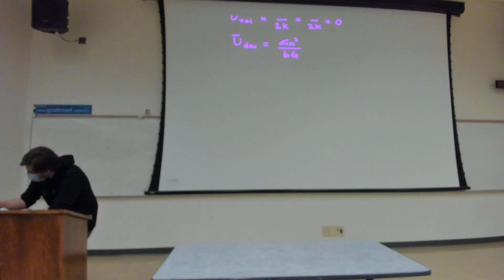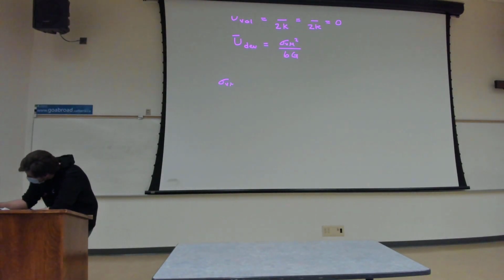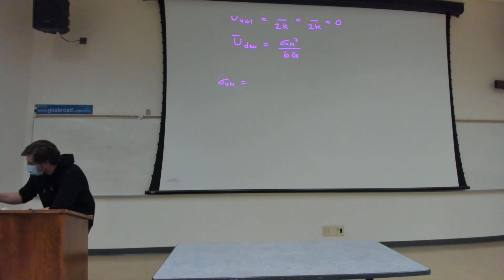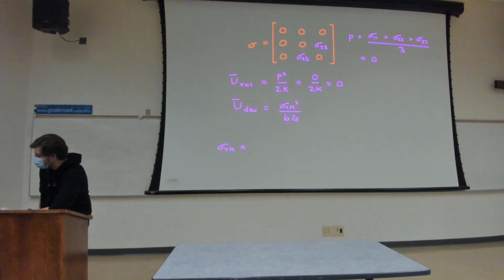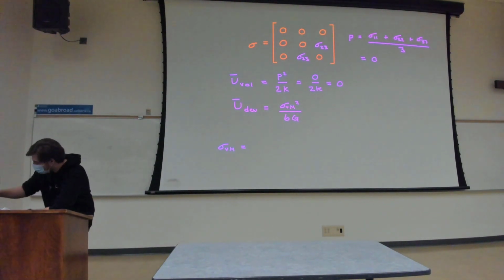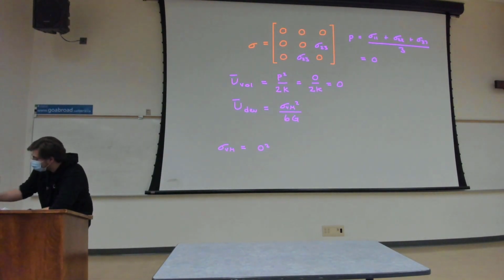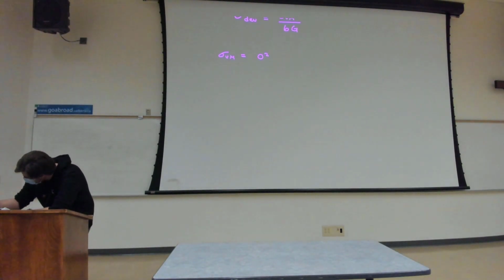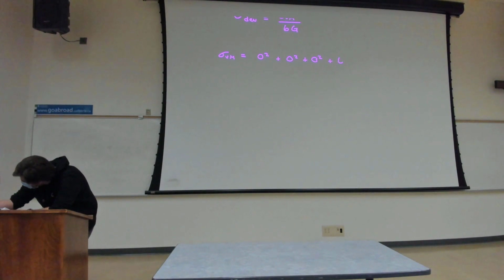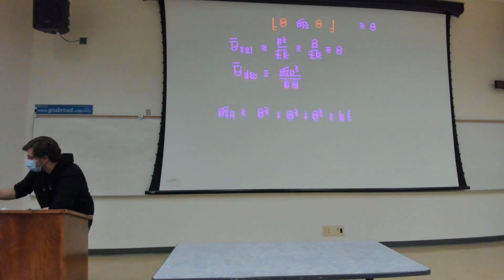So sigma von Mises is going to be equal to the square root of: the first component is sigma 11 minus sigma 22 squared, 0. The second one is sigma 22 minus sigma 33, 0. Isn't this just nice? The next one's going to be 0, which is sigma 11 minus sigma 33. And then we have plus 6 times all the shear stresses squared.